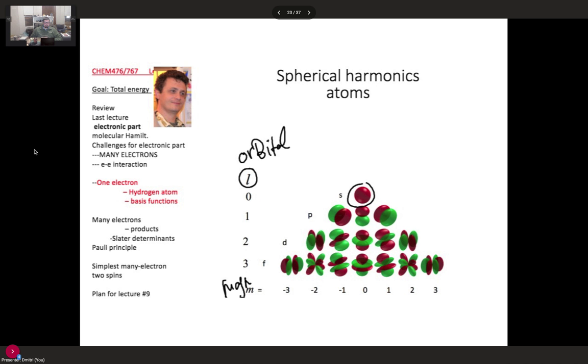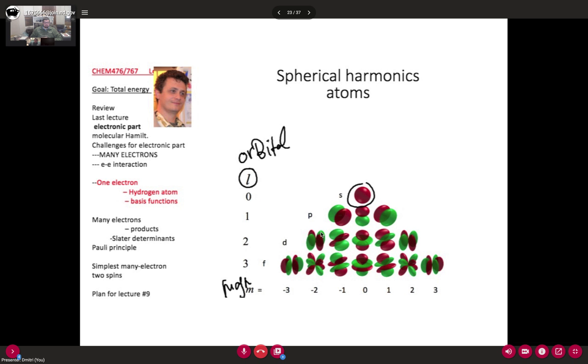The magnetic quantum number doesn't change the total amount of rotation or angular momentum, but it corresponds to the orientation of this rotation. Like if magnetic quantum number is 0, it tells if there is any rotation around the z-axis.